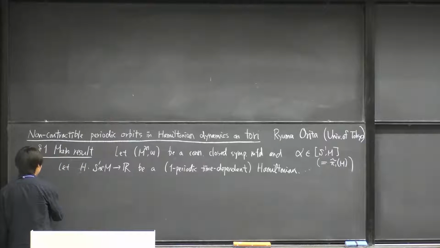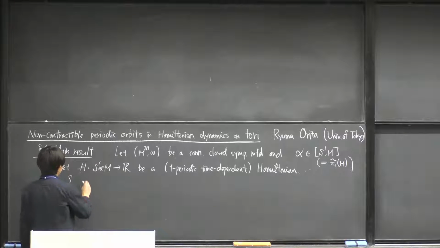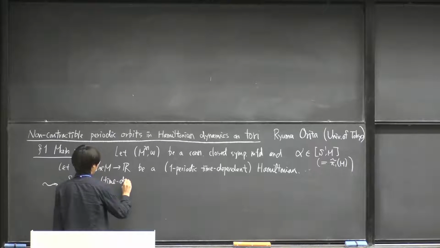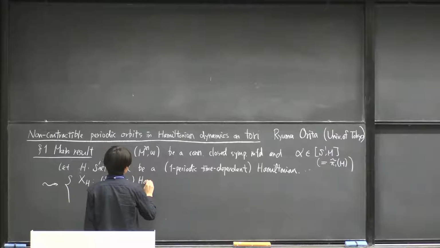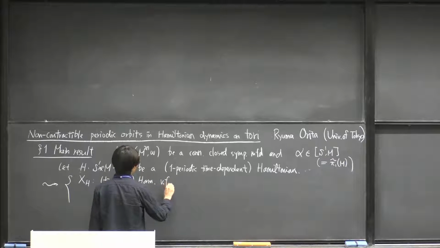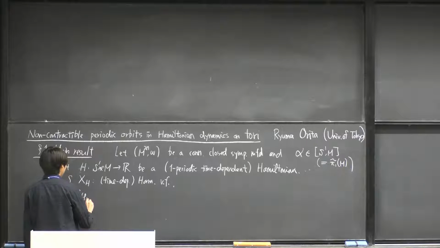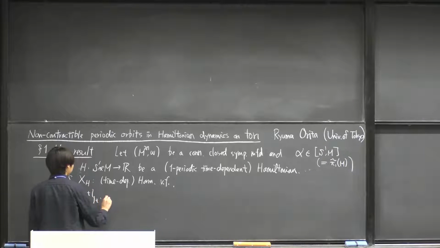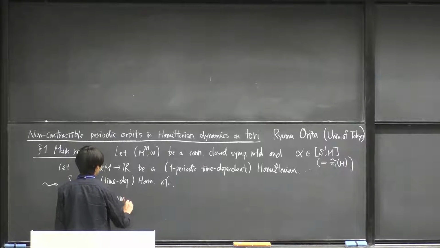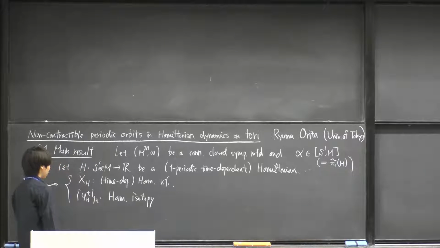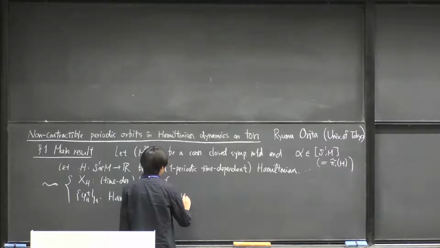Then we have the Hamiltonian vector field denoted by X_H, and the Hamiltonian isotopy denoted by phi_H^t.